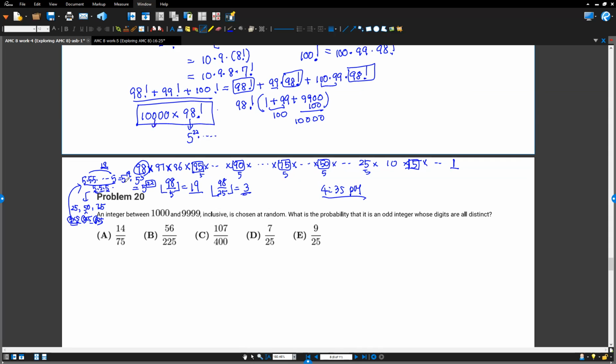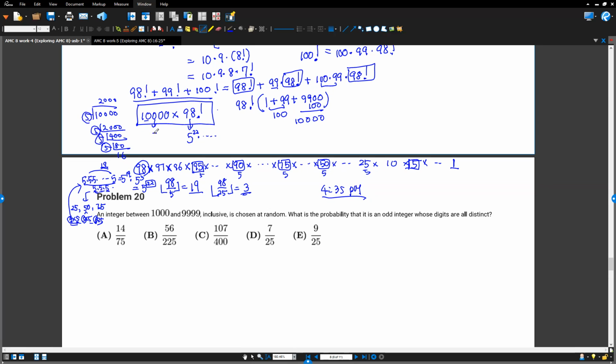What is this? This one also has a factor of 5, right? 10,000 divided by 5 is 2,000. 2,000 divided by 5 is 400. 400 divided by 5 is 80. 80 divided by 5 is 16. Still, we have 1, 2, 3, 4 factors of 5.